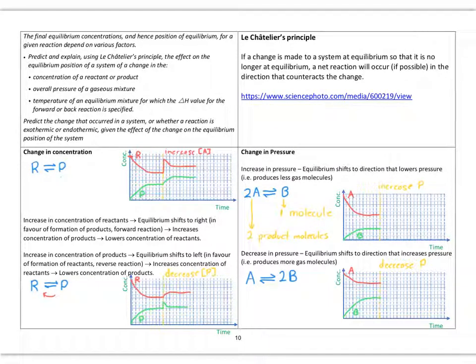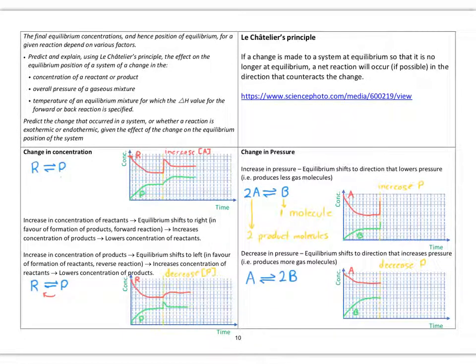So when we increase the pressure, it's effectively like increasing the concentration, because if you increase the pressure, that gas is squeezed into less volume. Basically, moles per volume, moles per litre is what concentration is. So if we do that, we get that sudden increase in both of them as the pressure increases.